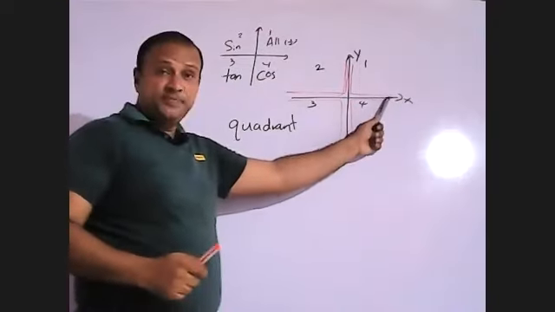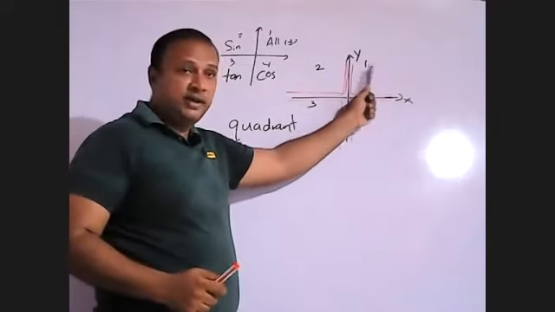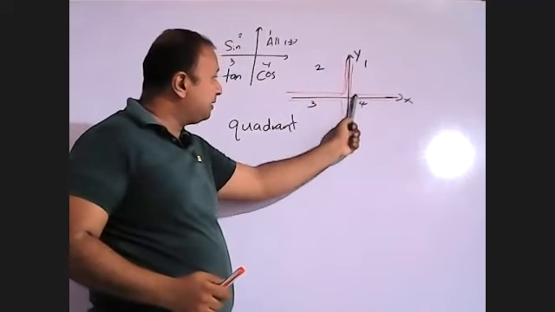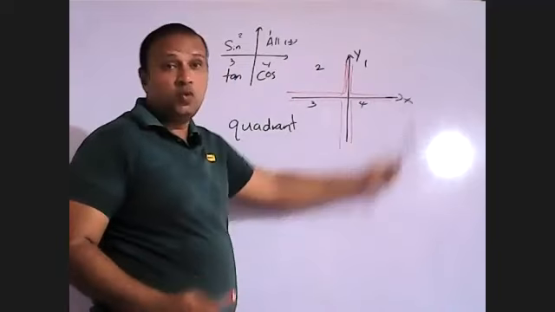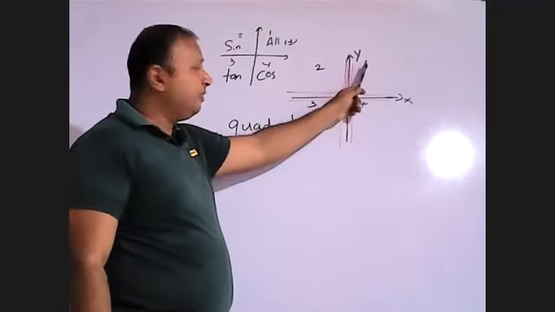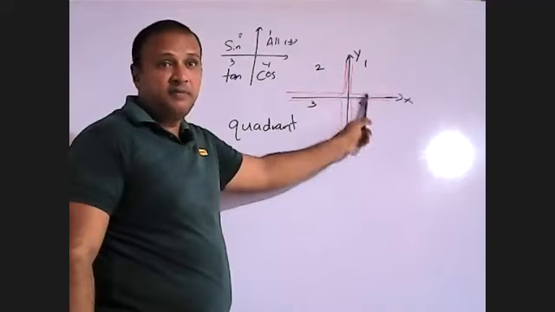According to the first quadrant, boundaries are this part and this part, that means positive y and positive x. Therefore, in the first quadrant, x and y values are positive.